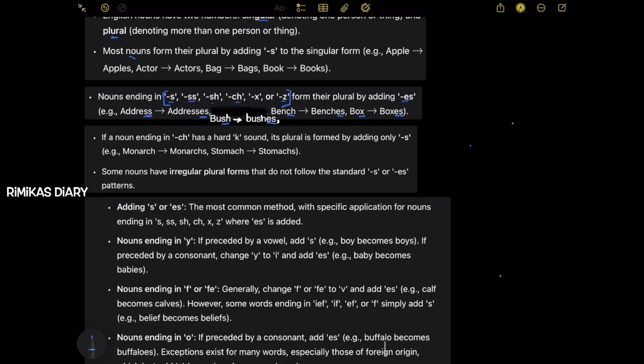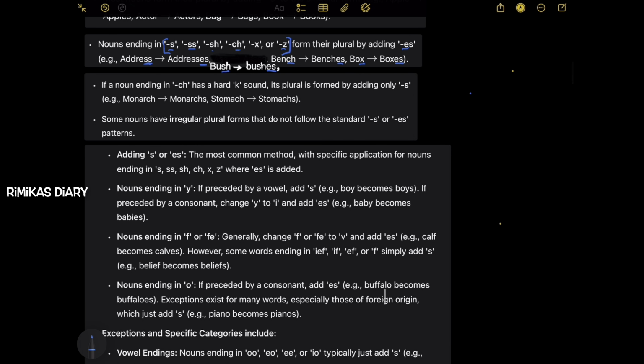If a noun ending in ch has a hard k sound, its plural is formed by adding only s. Not always, for words that end with ch, do you add es. Whenever ch makes a hard k sound, we add s at the end.